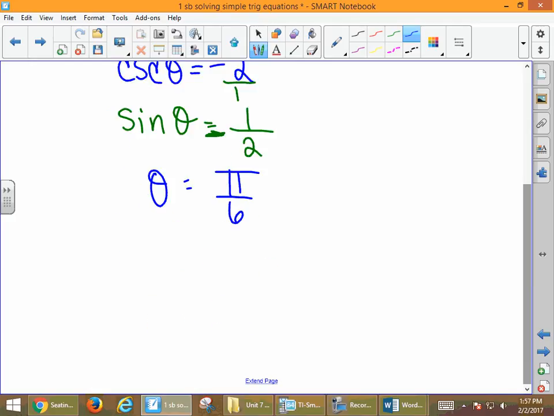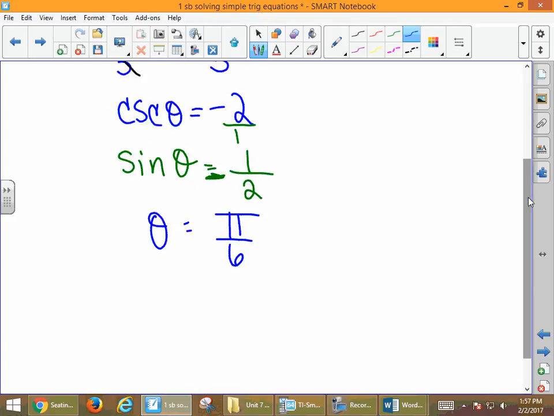So then the question becomes, if it's pi over 6, what is our theta value in quadrant 3? 7 pi over 6. And then in quadrant 4, 11 pi over 6. Again, if that seems foreign to you, pull out that unit circle. You can never look at it enough if you're still struggling to remember it.